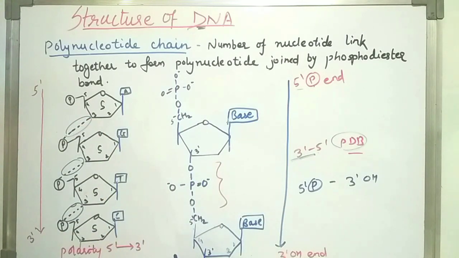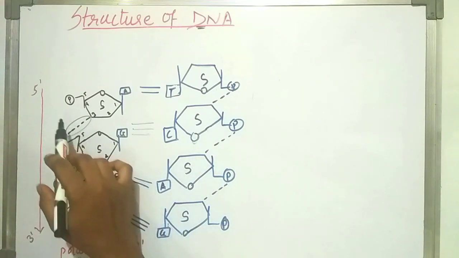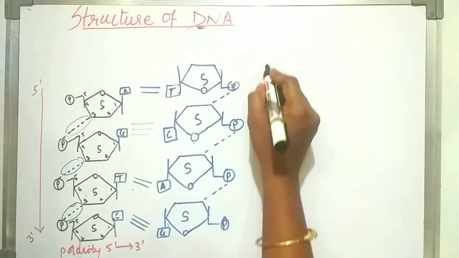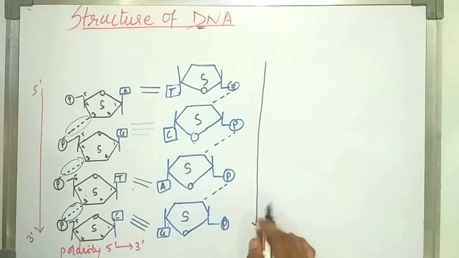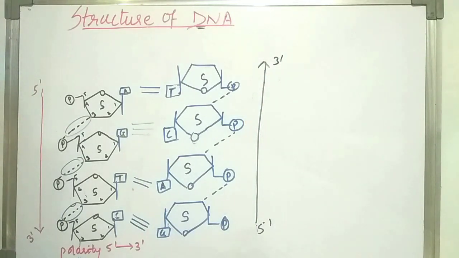Now we will see that the DNA structure is anti-parallel in nature. Let's see how. Here you can see 5' to 3', and this other one will be 3' to 5'.